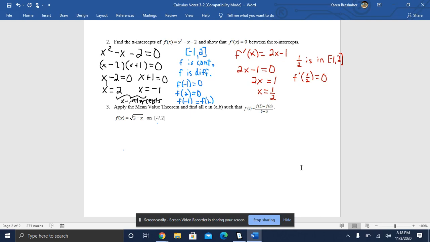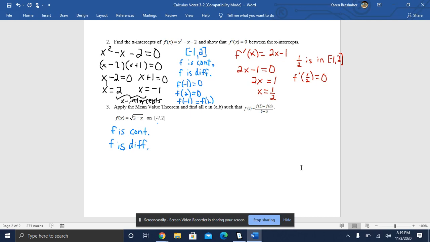So we just need to make sure that we clarify that f is continuous. A square root function is continuous. Those functions usually look like something like this. And so it's continuous. It is also differentiable. There are no sharp turns on a square root function.